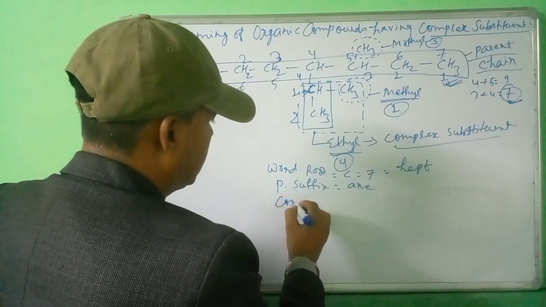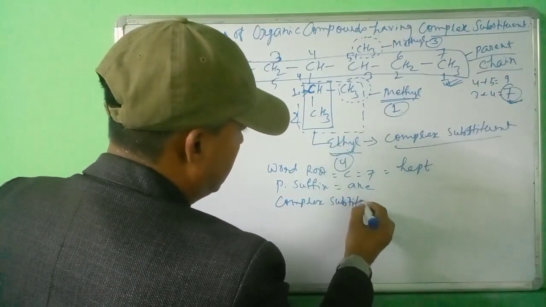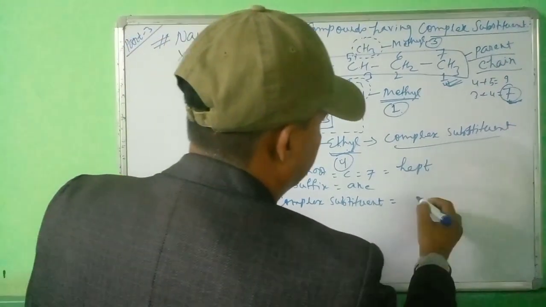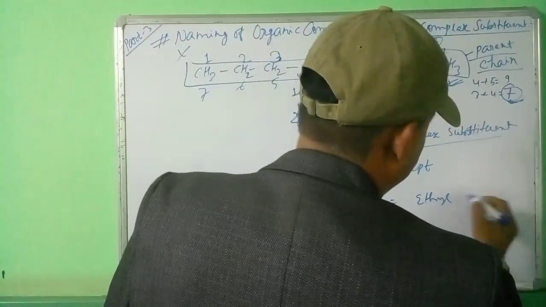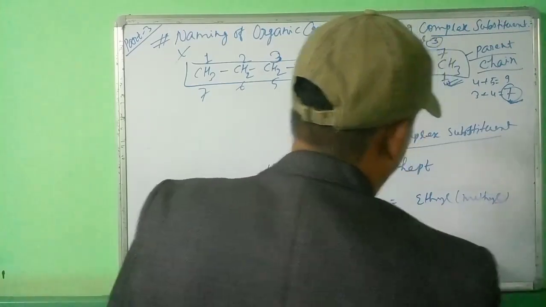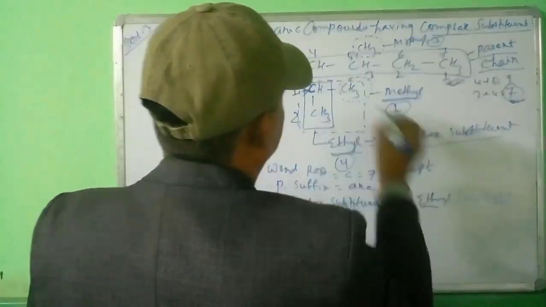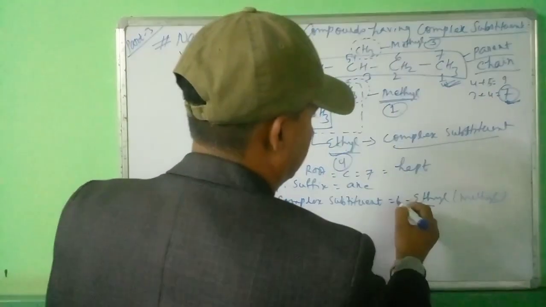Now the complex substituent is ethyl, which has the methyl. The position of ethyl is the 4th position.